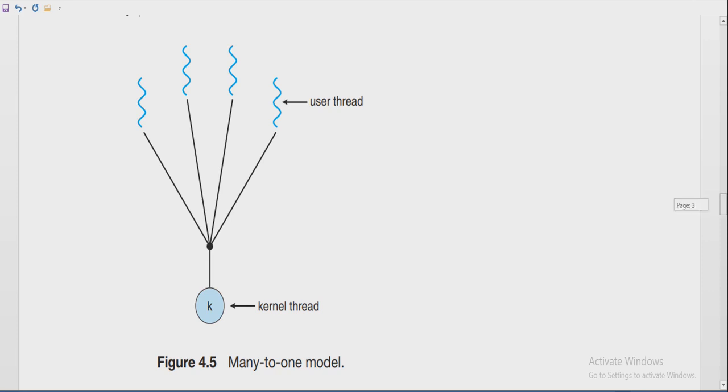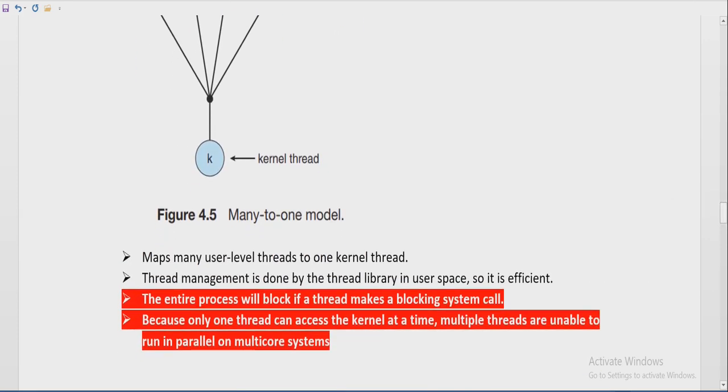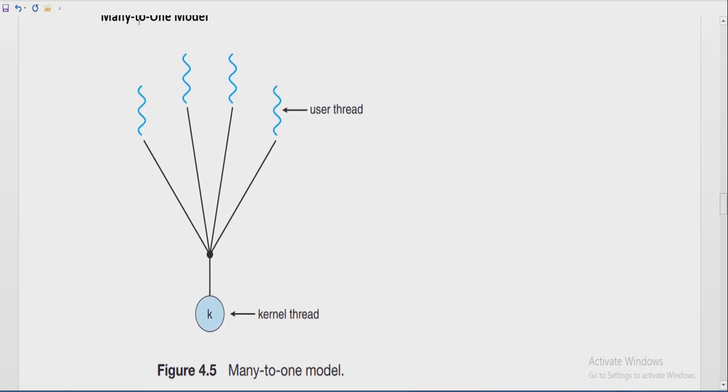Next, the second disadvantage: because only one thread can access the kernel at a time, multiple threads are unable to run in parallel on multi-core systems. In a multi-processor system, we know there are multiple processors running, and here there is only one kernel thread.